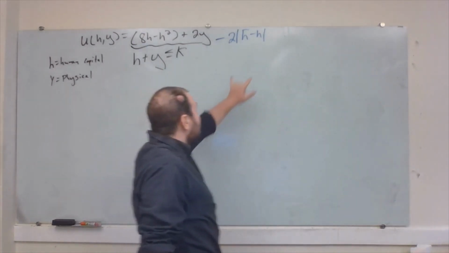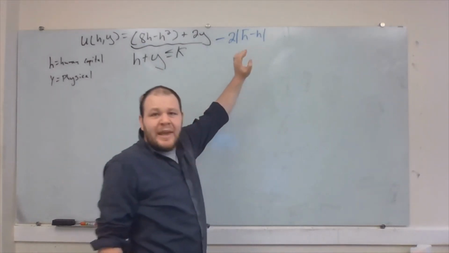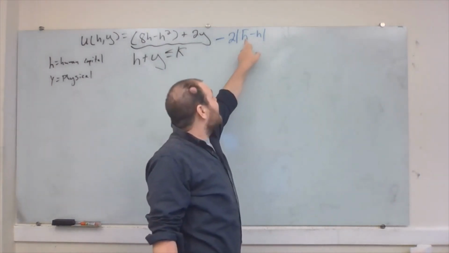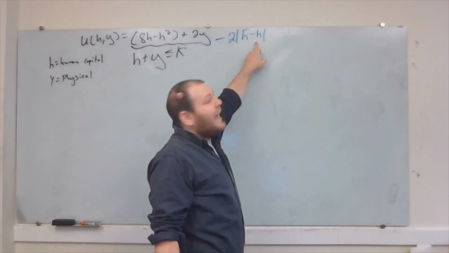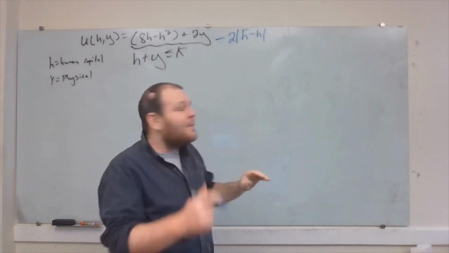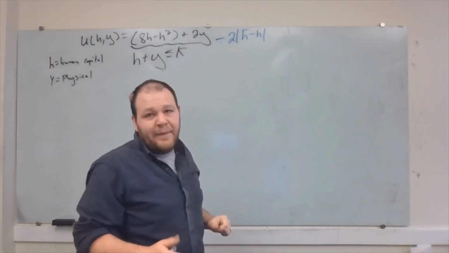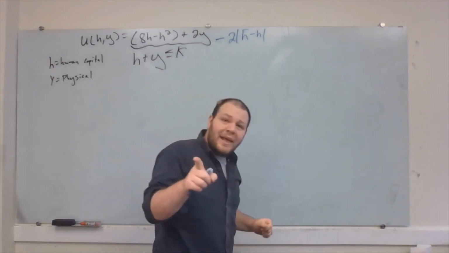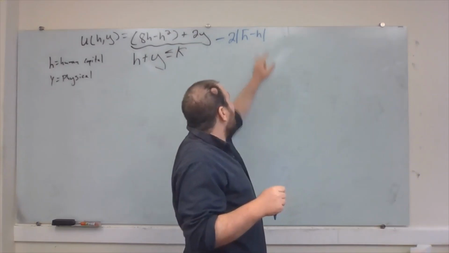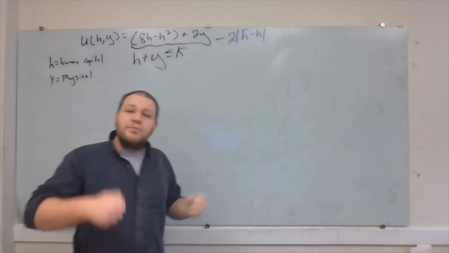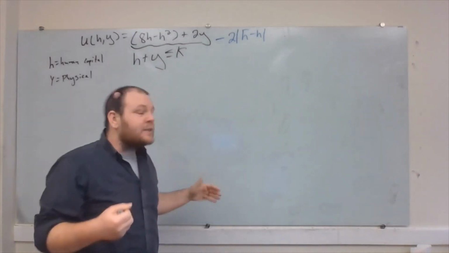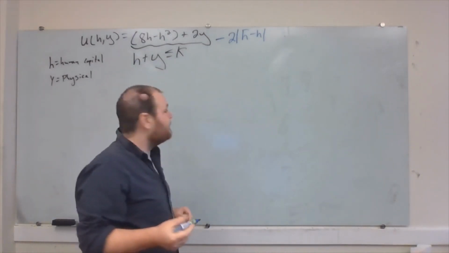What does the absolute value of h bar minus h mean? It means that if your human capital is lower than the average, lower than everybody else's, then you're going to be unhappy. You're going to have a gap here between h bar and h. The wider that gap gets, the more sad you're going to be. But by the same token, if your human capital is larger than everybody else's, then the absolute value of h bar minus h becomes h minus h bar, the positive of this. So your human capital being higher than everyone else is also going to cause you disutility, right?